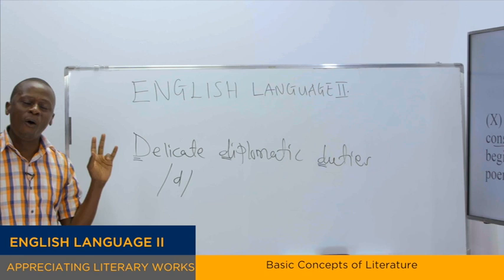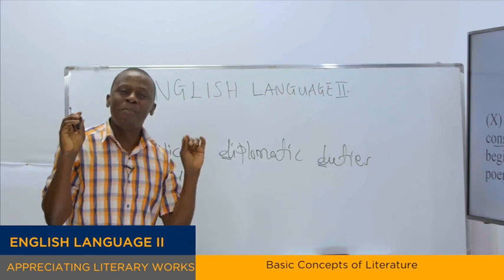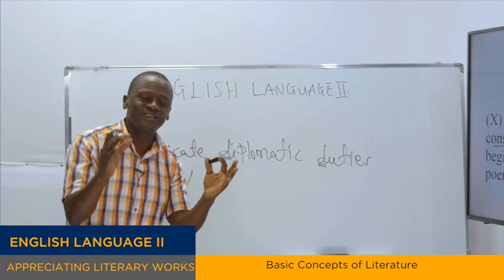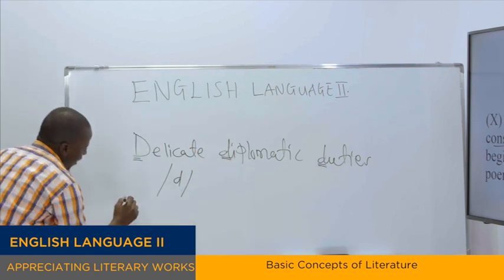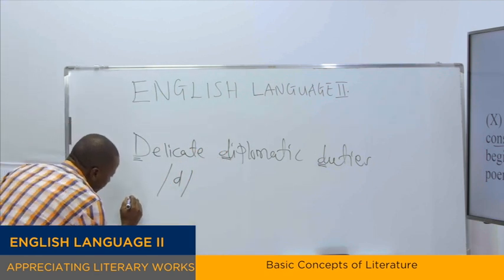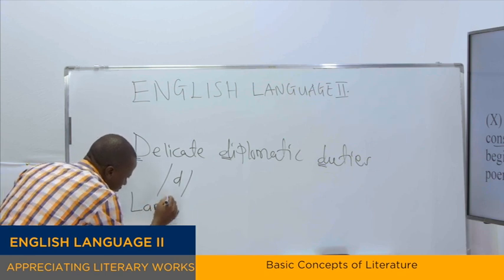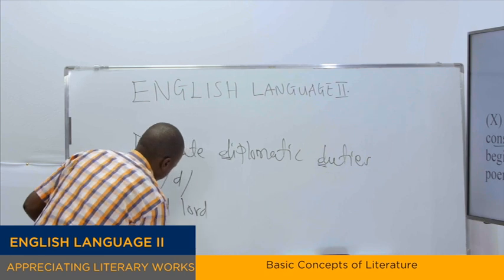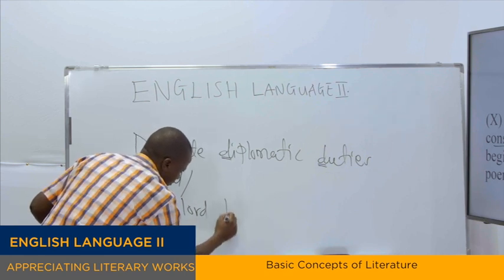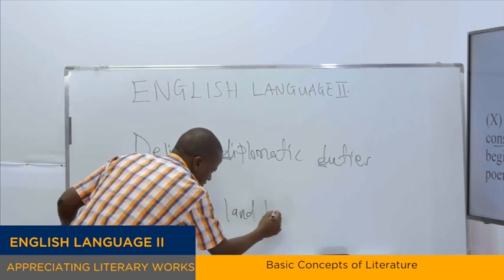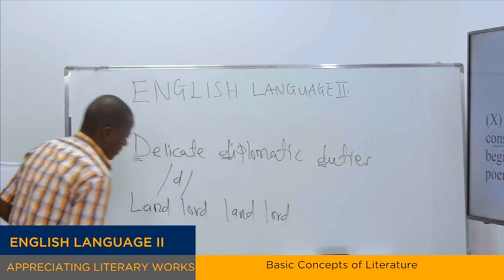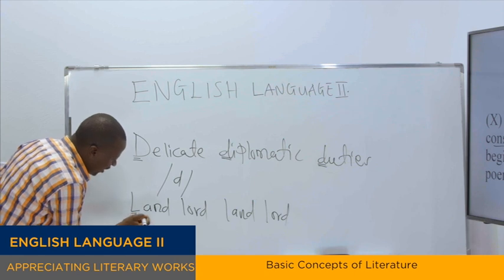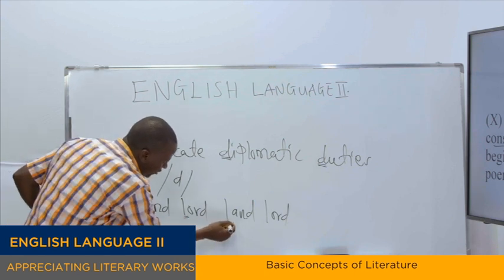Again, do you remember the poem titled Ballad of the Landlord? At the time when the tenant says, landlord, landlord. Now, look here. This sound here, at the beginning of each word, has been repeated.